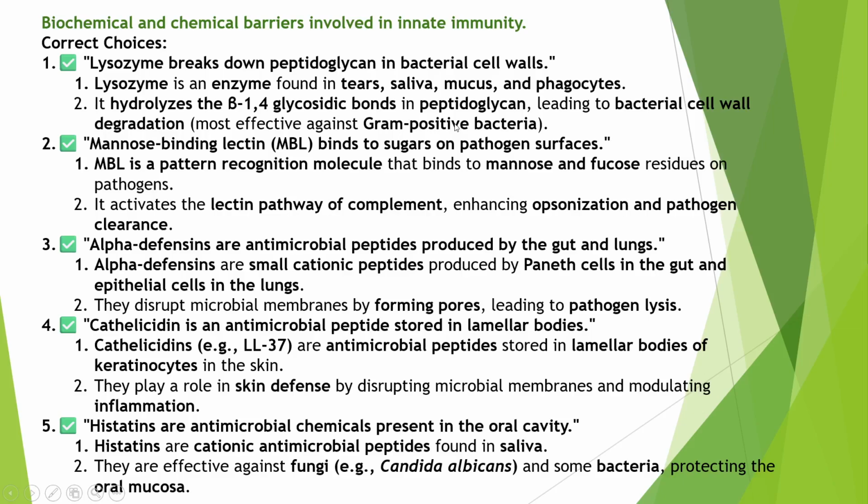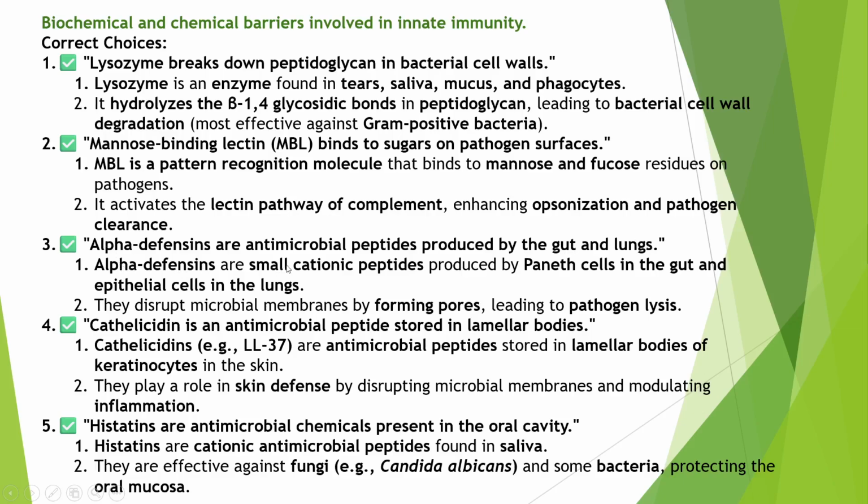Most effective in gram-positive bacteria. Next, MBL binds to sugars on the pathogen surface, that is mannose, fucose, and glucNAc. So it activates the lectin pathway of the complement, enhancing opsonization and pathogen clearance. Then alpha defensins are antimicrobial peptides produced by the gut and the lungs.